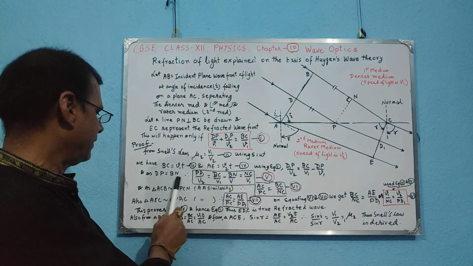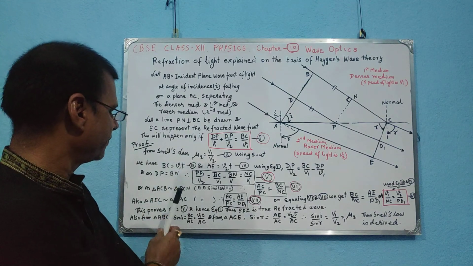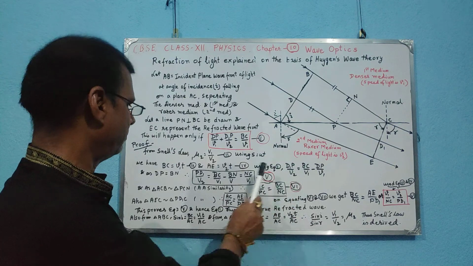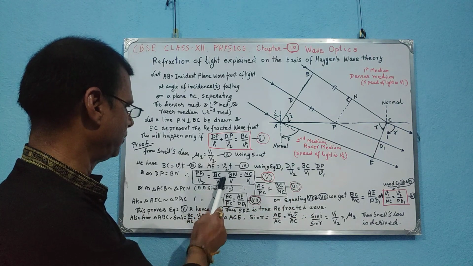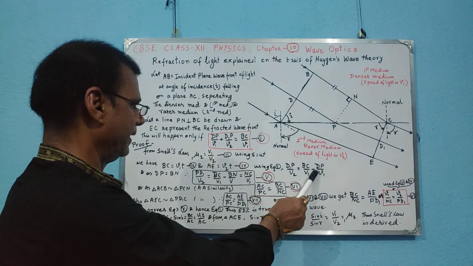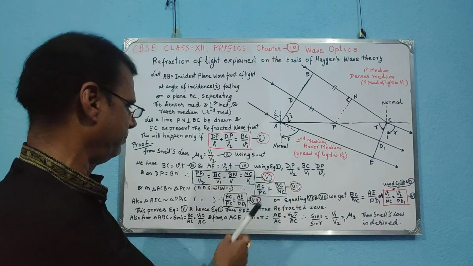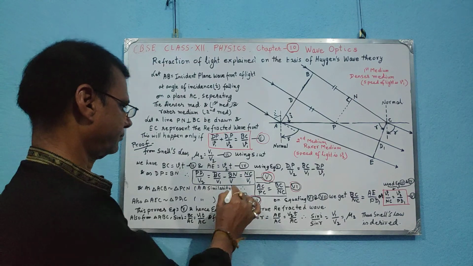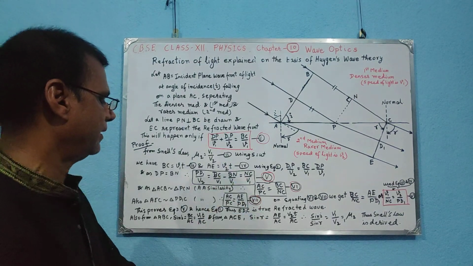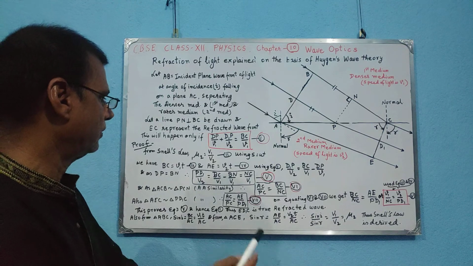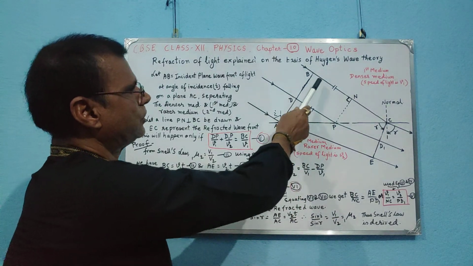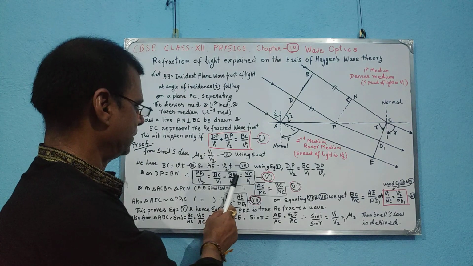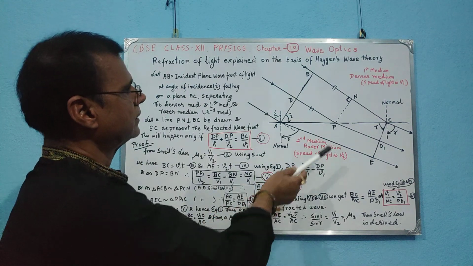Once we have DP equal to BN, we can write the equation D1P upon v2 is equal to BC upon v1 minus DP upon v1. For DP we can write BN upon v1. So from this diagram, we see BC upon v1 minus BN upon v1.